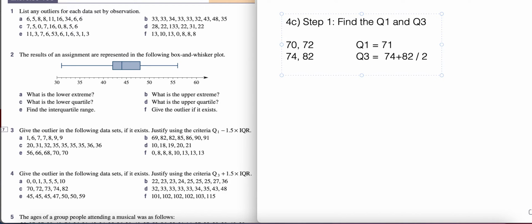So this is just finding the average. If I put that in my calculator, 74 plus 82 gives you 156, divided by 2, 78. So that means our Q3 is 78.